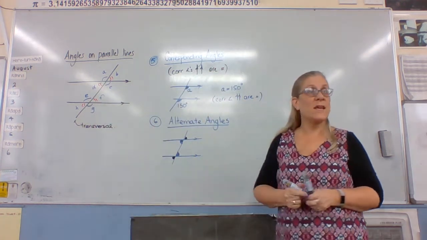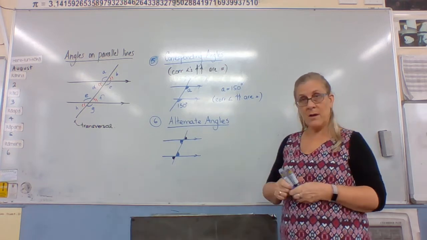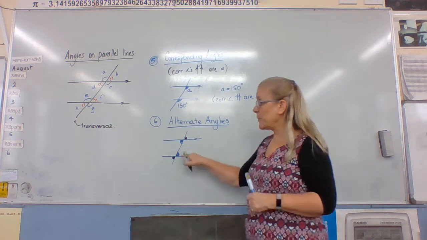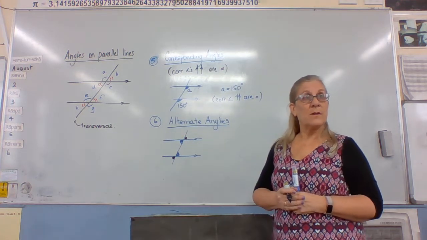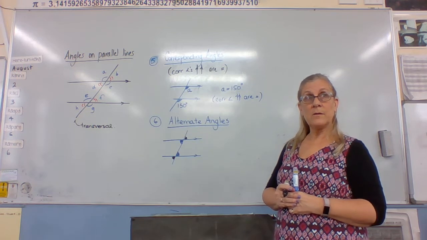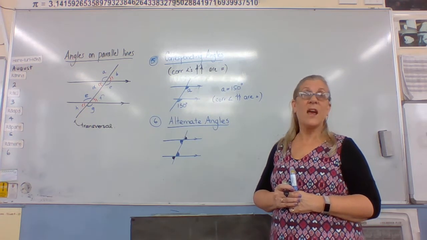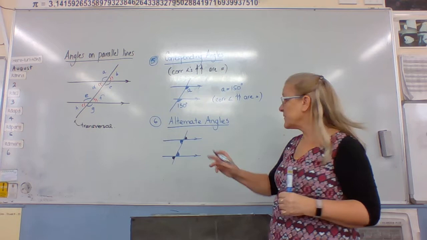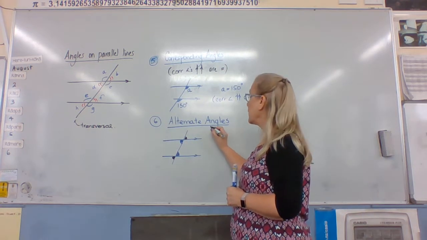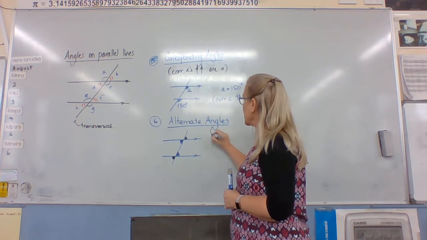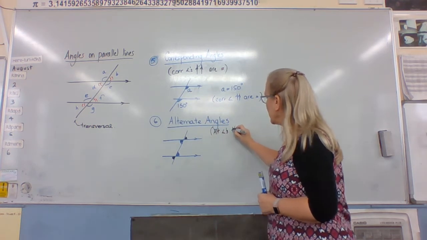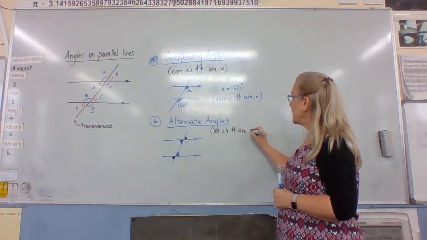What's true about those angles? What's true about the 2 blue angles? They're equal. Because they're just vertically opposite, really, aren't they? And we know vertically opposite are equal. So the short version of this one is alt. angles, parallel lines are equal.